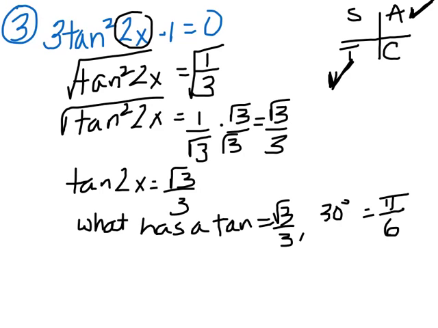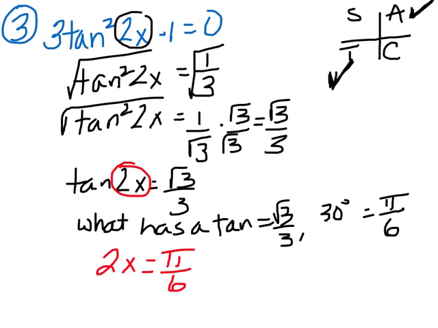All right, now we've got to think about this 2x thing going on. We're talking about a 30-degree angle because it has a tangent of square root of 3 over 3, except that we don't have x here. We have 2x equal to 30 degrees, or 2x equal to pi over 6 if I substitute the radian measure in. If it were 30 degrees, you'd know 30 degrees divided by 2 would be 15, right?